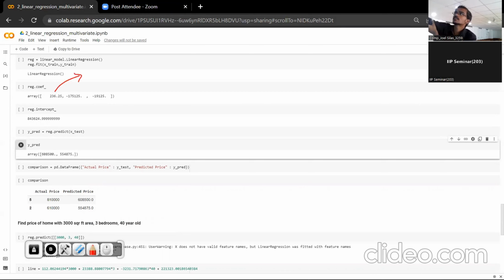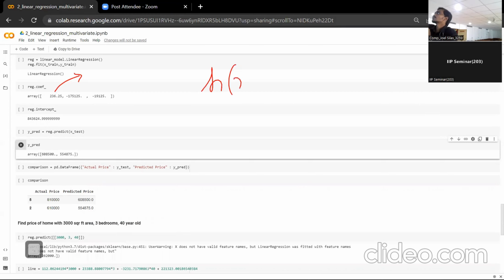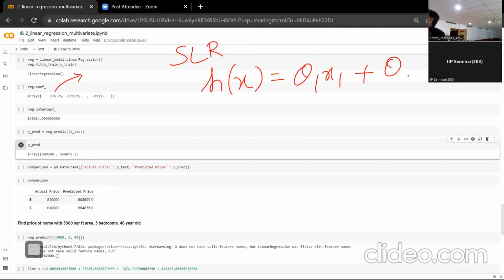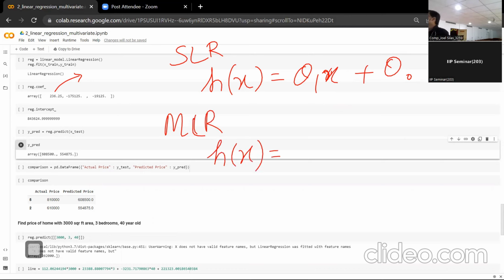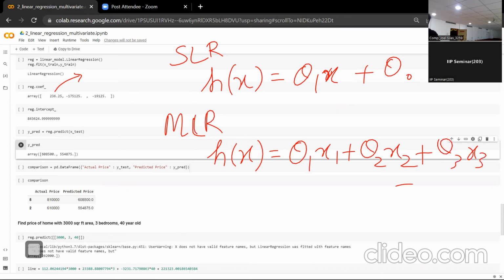We know that in simple linear regression, h of x is equal to theta 1 x plus theta 0. This is theta 1 x. But in multiple linear regression, if we have three feature vectors, then h of x is equal to theta 1 x1 plus theta 2 x2 plus theta 3 x3 plus theta 0.